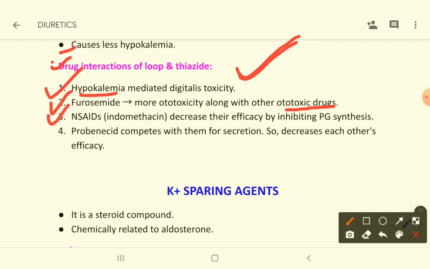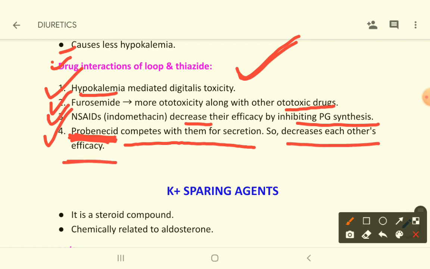Then NSAIDs like indomethacin decrease their efficacy by inhibiting prostaglandin synthesis. And probenecid is a uricosuric drug. Probenecid competes with them for secretion, so they decrease each other's efficacy.